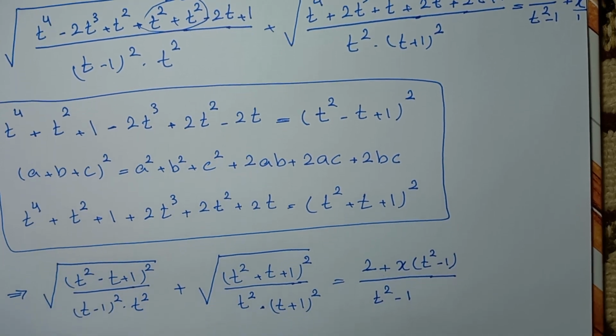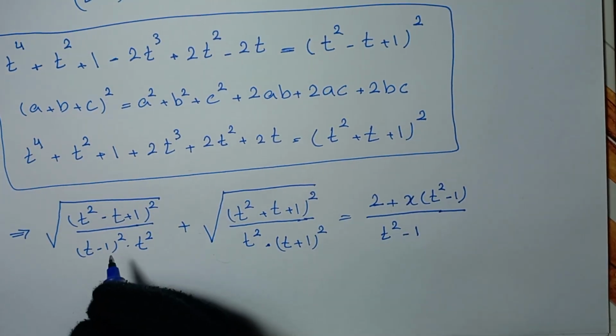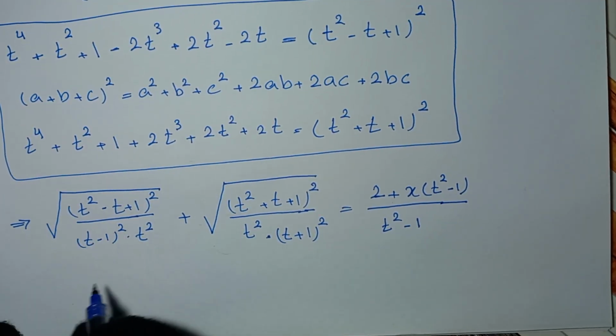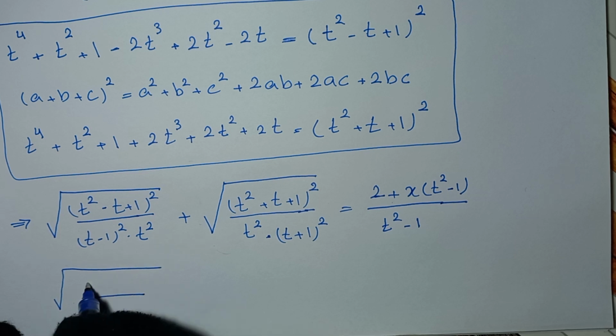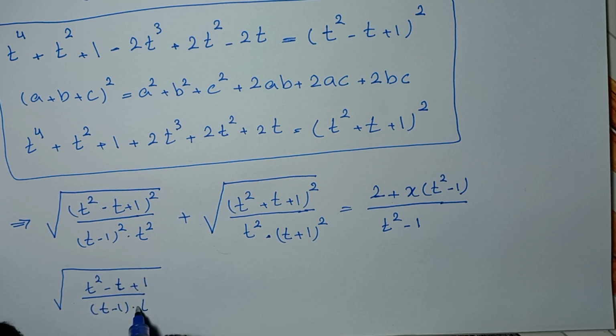And in the next step, we can write this as the square root of t squared minus t plus 1 over t minus 1 times t to the power of 2.